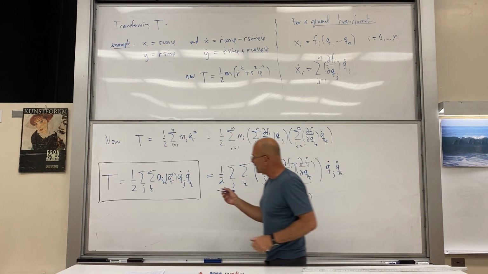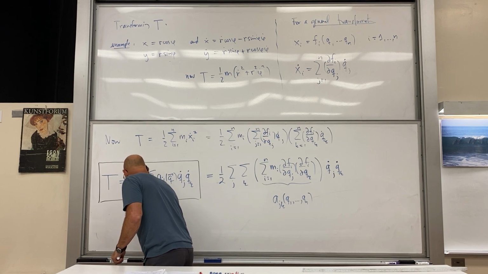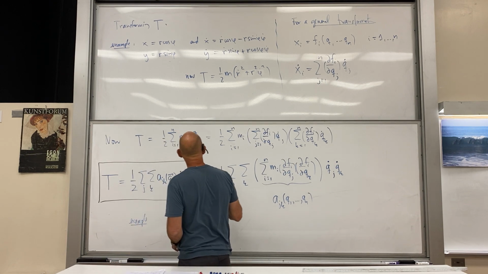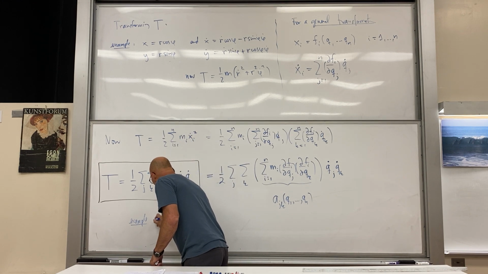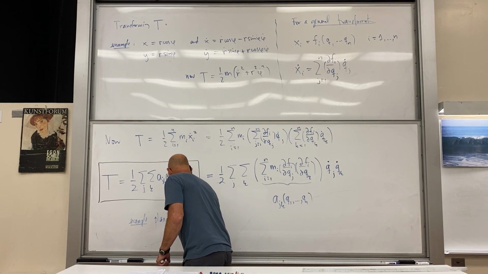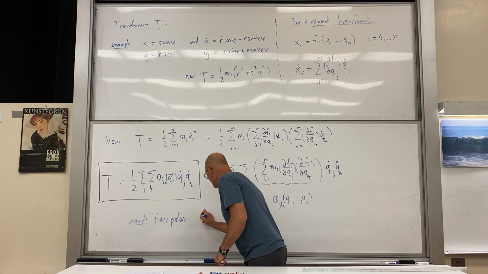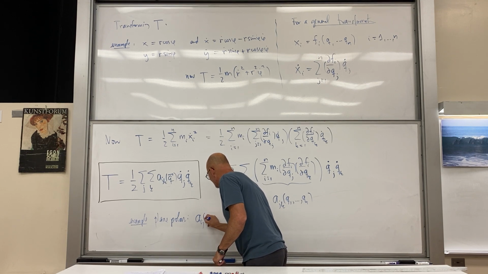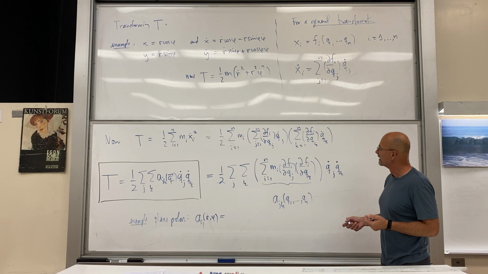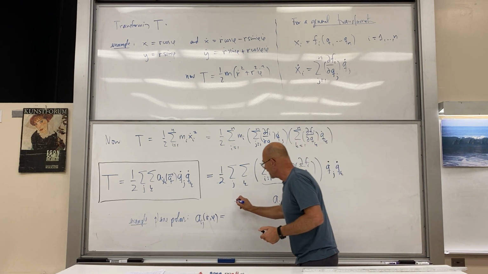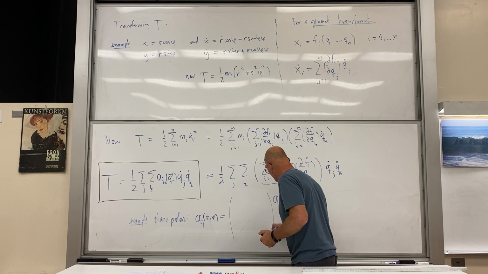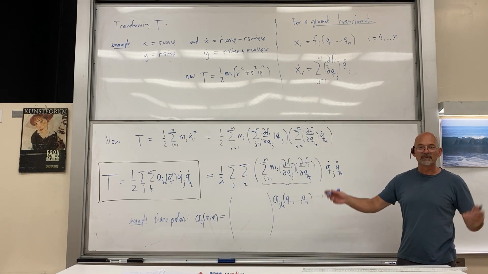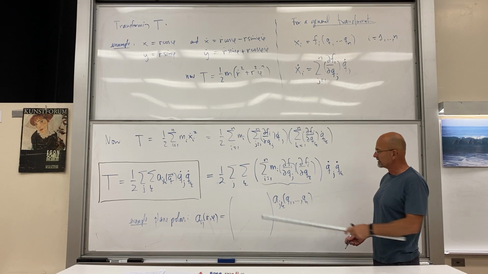So my example is already on the board. For the plane polar coordinates, A sub ij is a matrix. In fact, let's say it's of r and phi. That's our q1 and q2, okay? r and phi. It's a 2 by 2 matrix. If we were all together, I'd point to someone and have them fill in this 2 by 2 matrix.